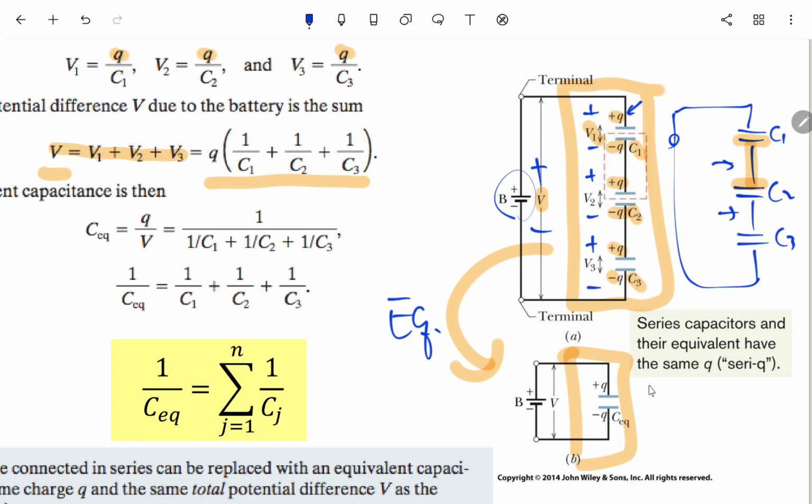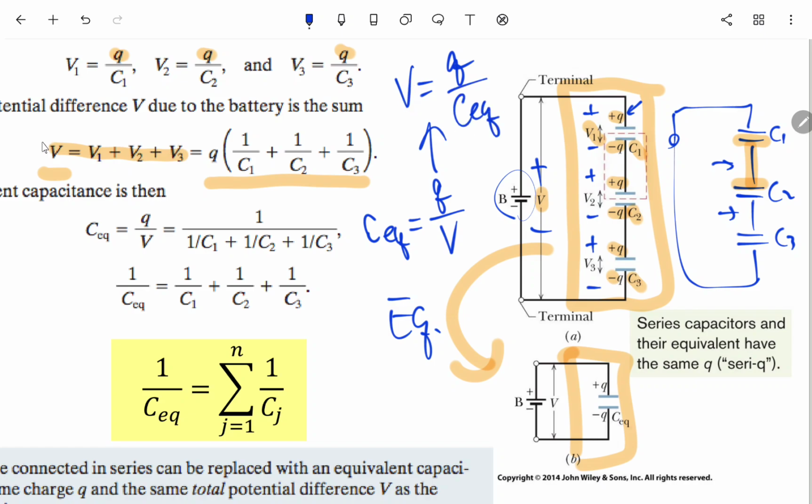Based on this, we can simply write CEQ equals Q over total V. This total V is the same as this one. So if you look at this equation, V equals this thing, you can write it as V equals Q over CEQ.